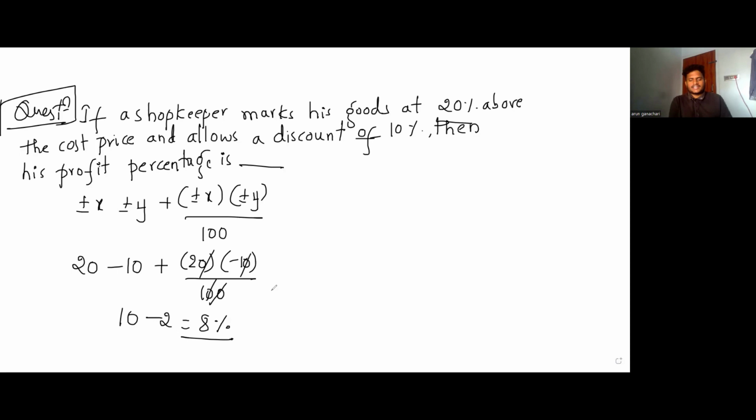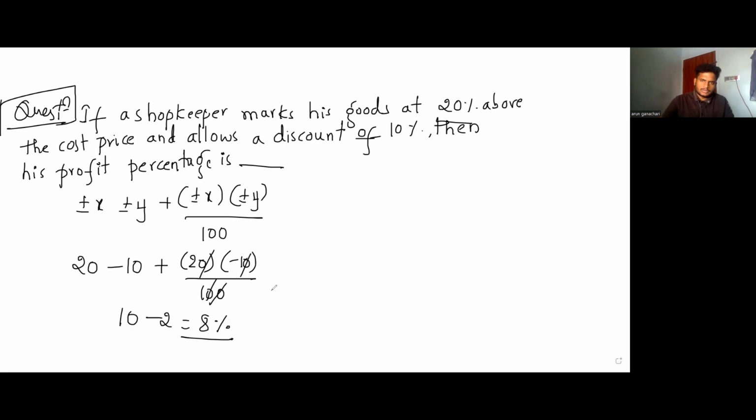So discount will take it as negative. Understood?